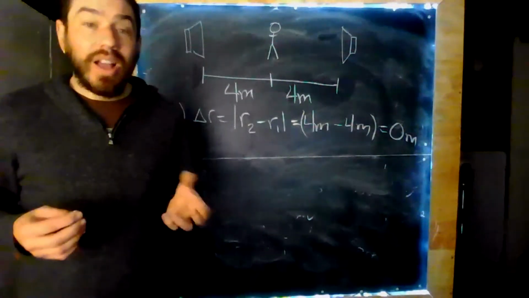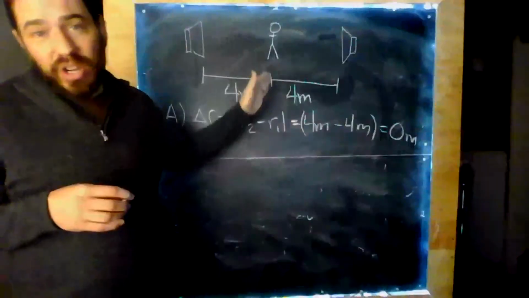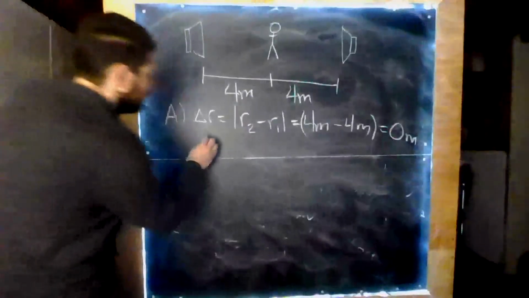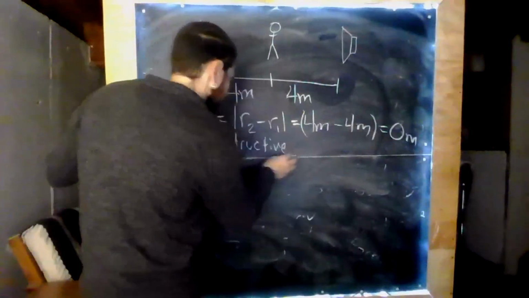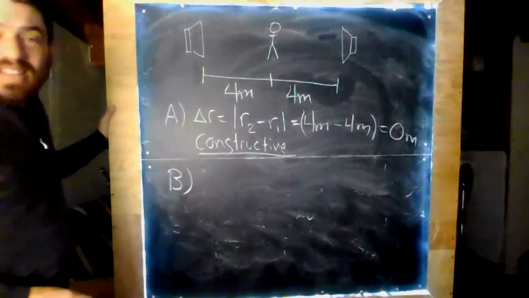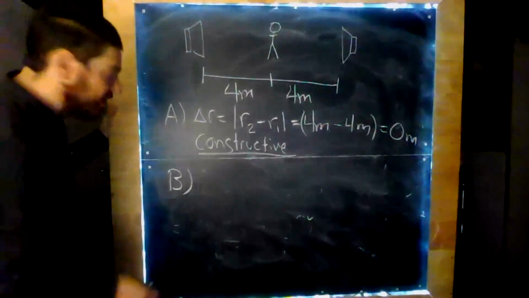And so, the waves are in phase when they arrive at my eardrums and I hear a loud sound. This is constructive interference. B, is the sound loud or quiet? Well, if it's constructive interference, I will hear a loud sound.